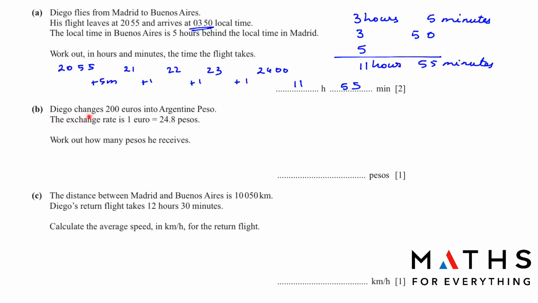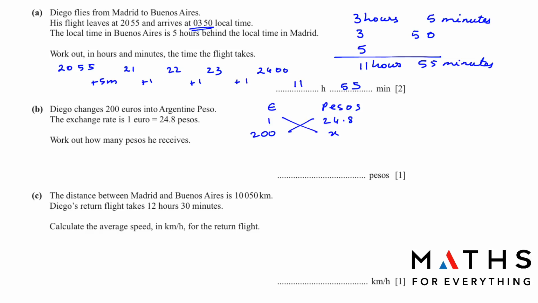Part B. Diego changes 200 euros into Argentina pesos. The exchange rate is 1 euro is equal to 24.8 pesos. Work out how many pesos he receives. So for the currency questions, we are going to do cross multiplication. That is very easy. Write down both the currencies, euro and pesos. 1 euro is equal to 24.8 pesos and 200 euros is equal to how much?